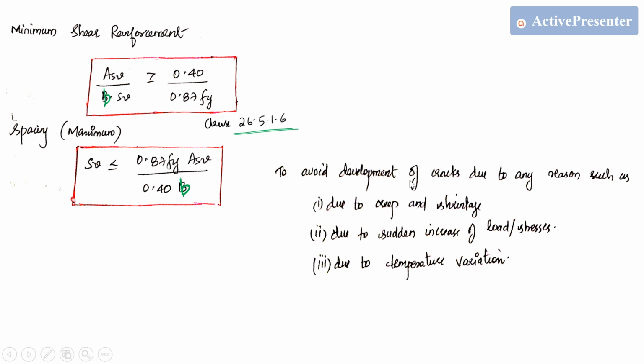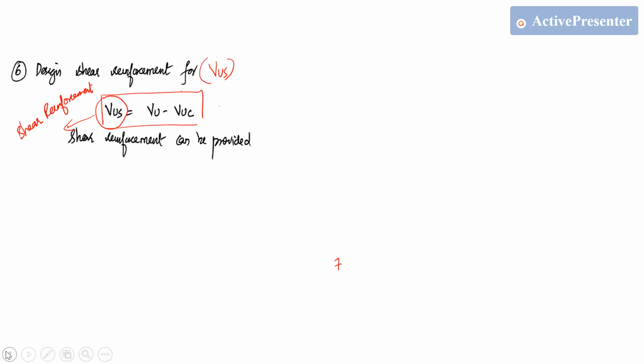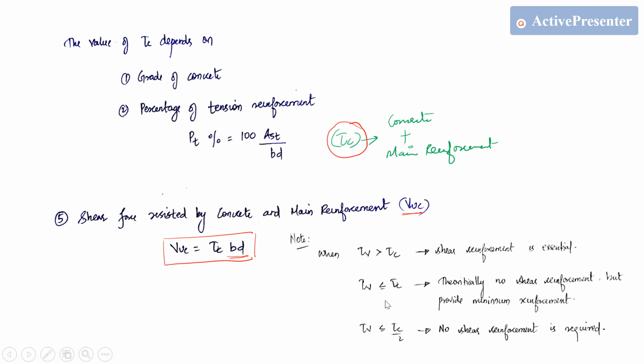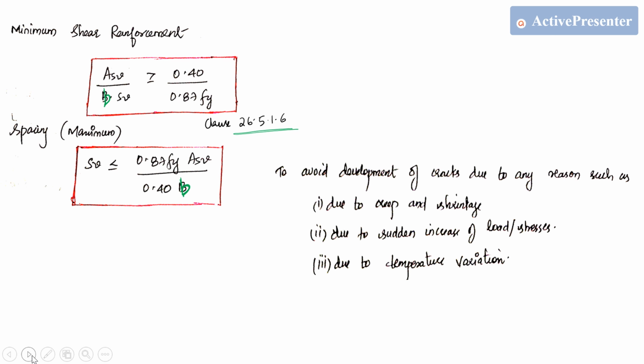That is to avoid development of cracks. I told you why we are providing minimum reinforcement. At that time, when we were discussing tau v less than or equal to tau c, I told you there is no need of shear reinforcement, but provide minimum reinforcement. And the reason for that is to avoid development of cracks due to any reason such as creep and shrinkage.